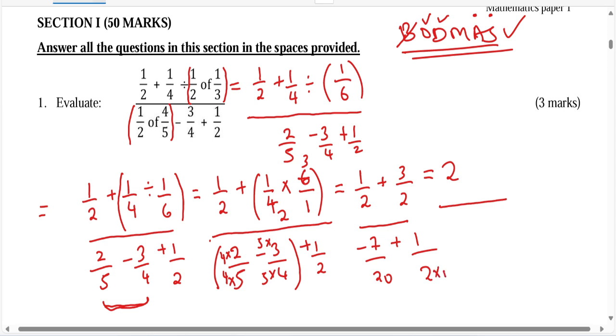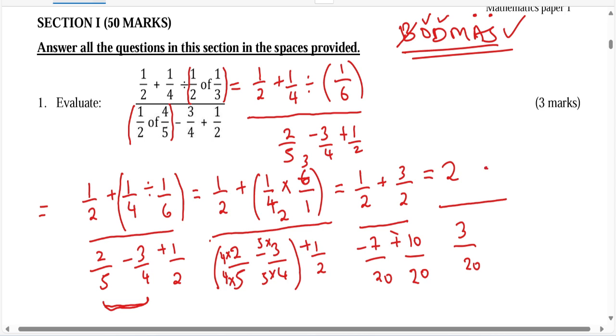So therefore multiply by 10. Itakuwa ni 10 over 20. So badala ya kuandika 1 over 2 utaandika 10 over 20. Na wajua minus 7 over 20. So utachukua minus 7 plus 10. Kwa vile denominator ziko sawa, utachukua 10 minus 7, which is 3 over 20.